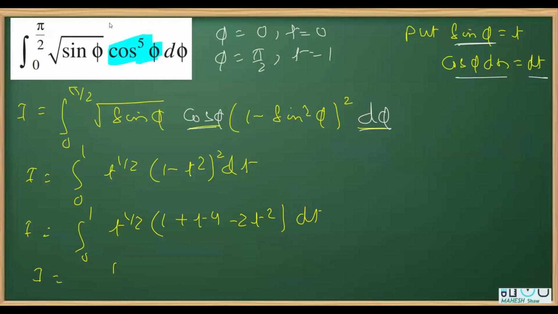And then we will open this bracket, that is 0 to 1, t raised to the power half. Multiplying this with this, 4 plus half is what? 4 and a half, that should be 9 by 2, minus 2 times 5 over 2, dt.